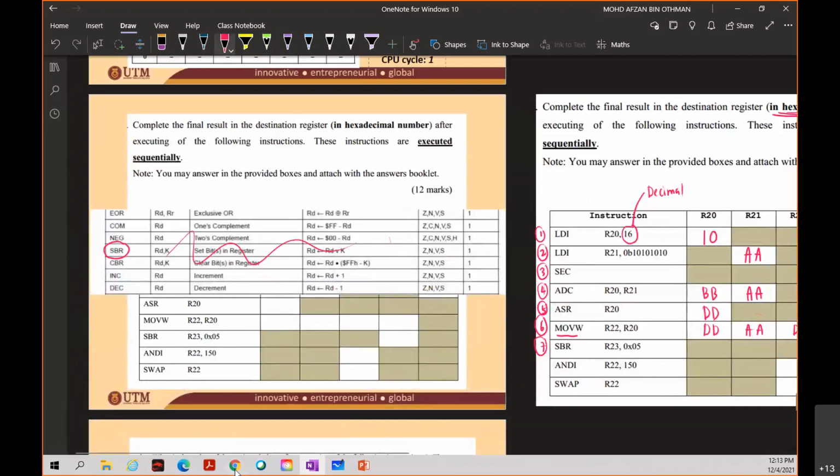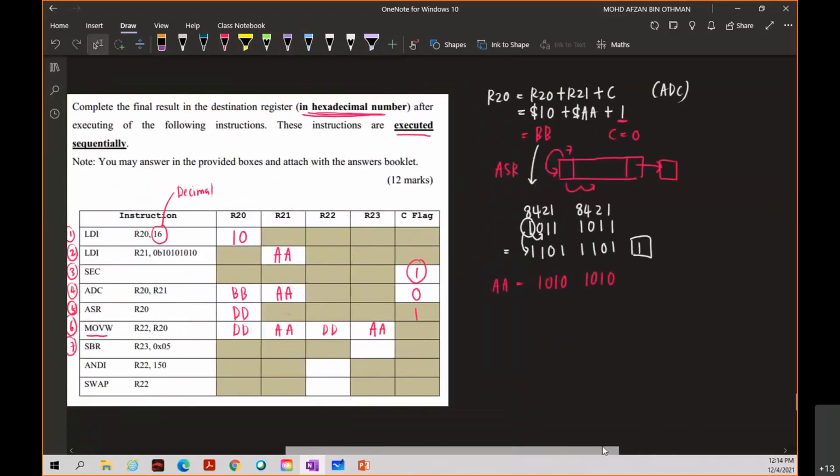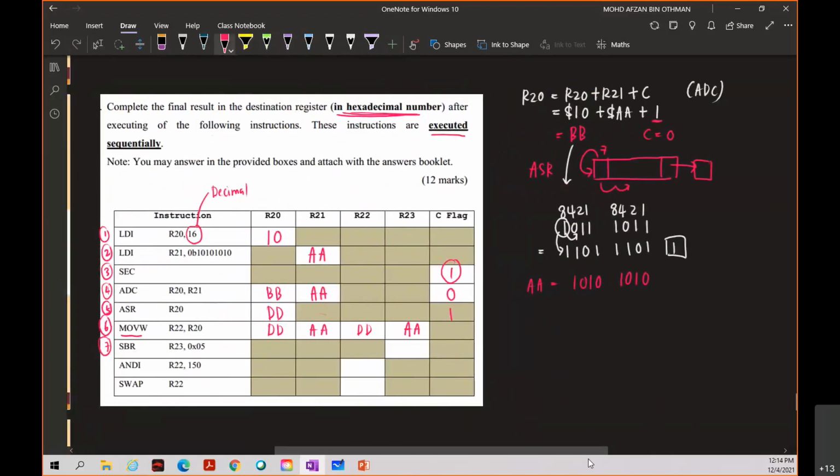SBR: you're going to set bits in a register, and this is the operation, which is to do the logical OR with the immediate value K, and then put the result in RD. So your RD is R23, and your K is 5. Change this 05 to binary and you get 00000101.